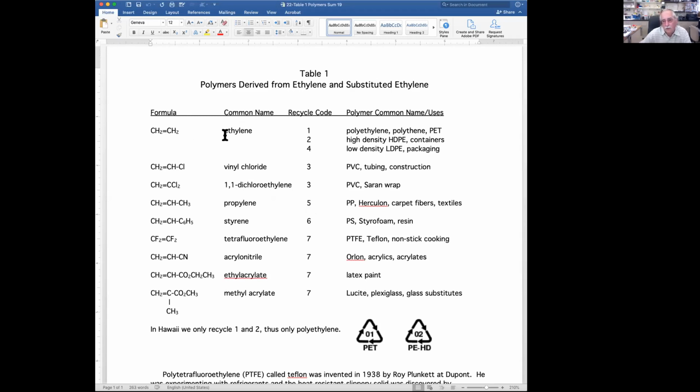So what can we do with ethylene? Well, we can make polyethylene, also known as polythene, also known as PET, also known as high density polyethylene. So these are containers, low density polyethylene are used in packaging. Here's the recycle codes, right? So in Hawaii, we recycle really only 1 and 2. These are the only ones we really recycle. So PET and high density PE is all we recycle.